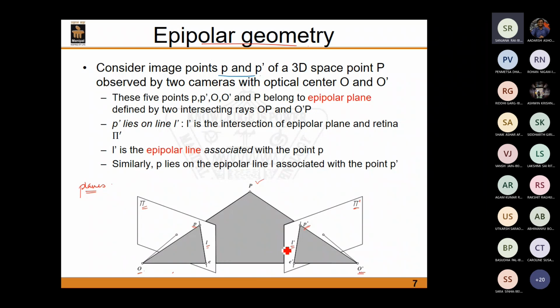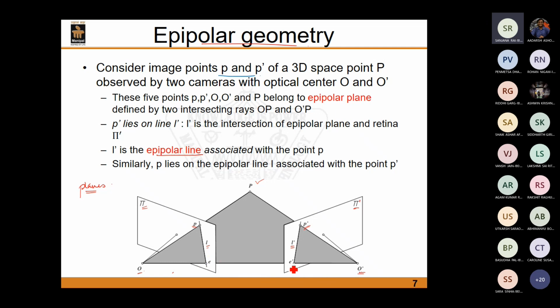This L and L dash are what you call epipolar lines. Another two points you need to remember are E and E dash, which are called epipoles. E is the point of intersection of the line joining O and O dash with the image plane pi.